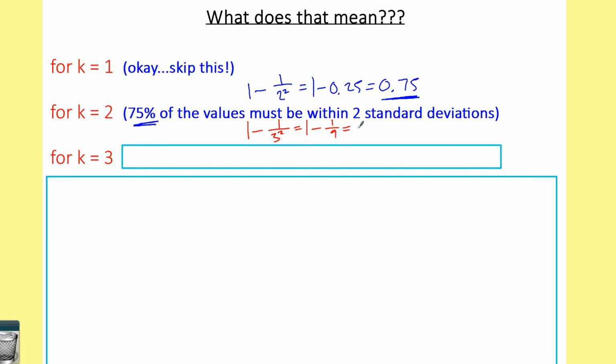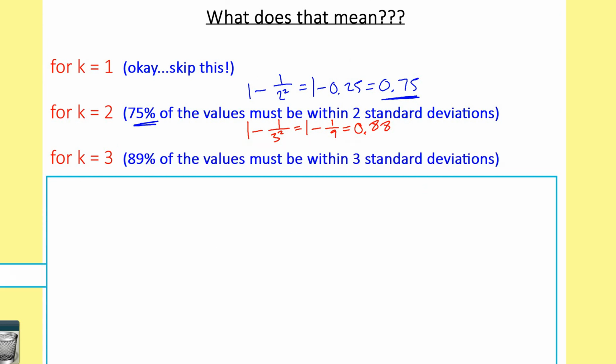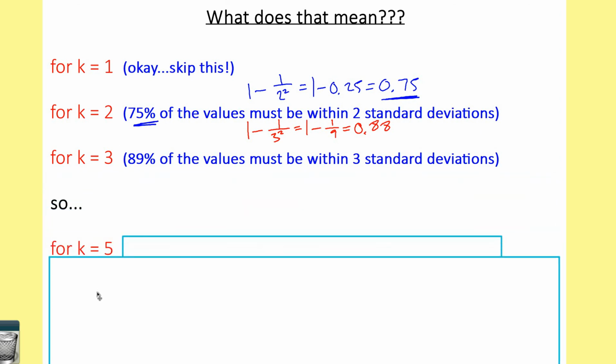So we get 0.88, so 88% of our data must be within 3 standard deviations. We should actually have 99.7%, but again, we're getting general ideas.